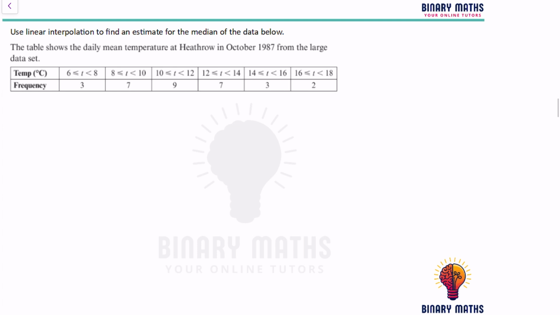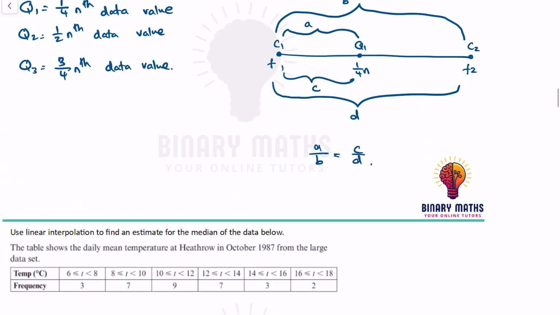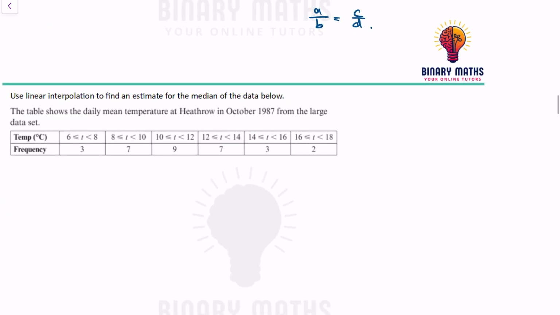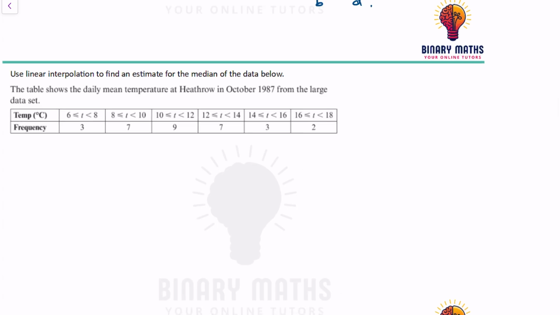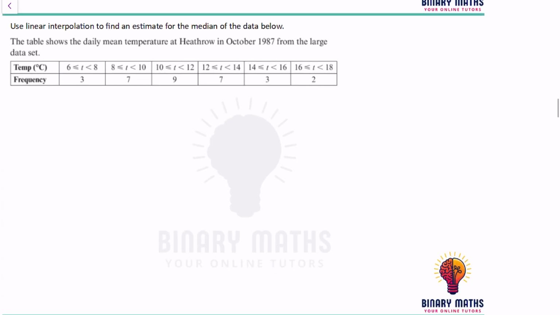So use linear interpolation to find an estimate for the median of the data value. Now it's an estimate because we're using proportionality to work it out, and obviously we don't know the exact values because it's a grouped frequency table. The table shows the daily mean temperature at Heathrow in October 1987 from the large data set. Find the median.